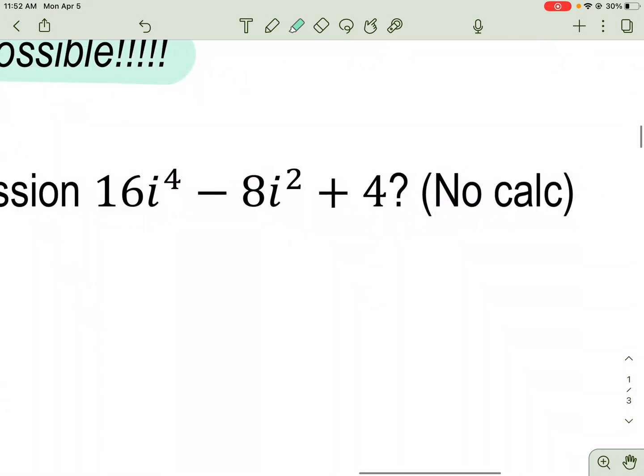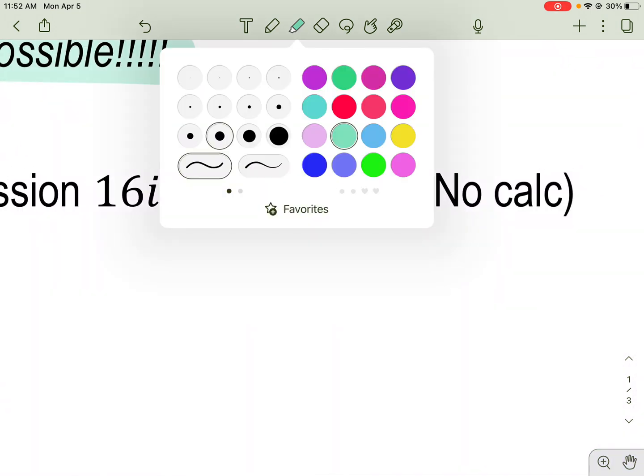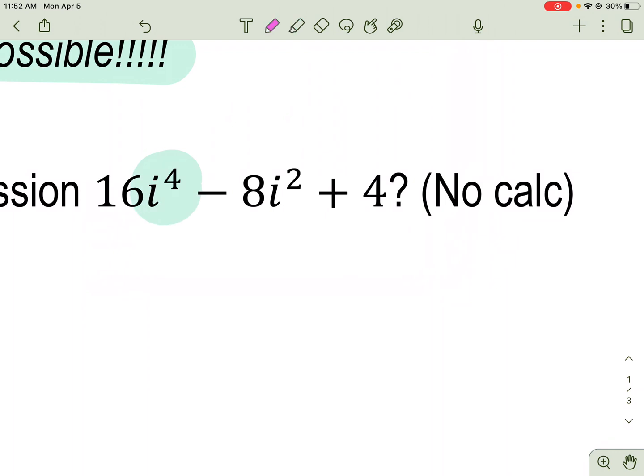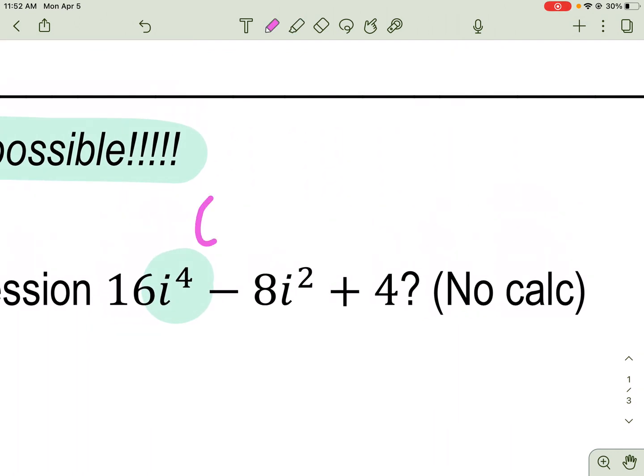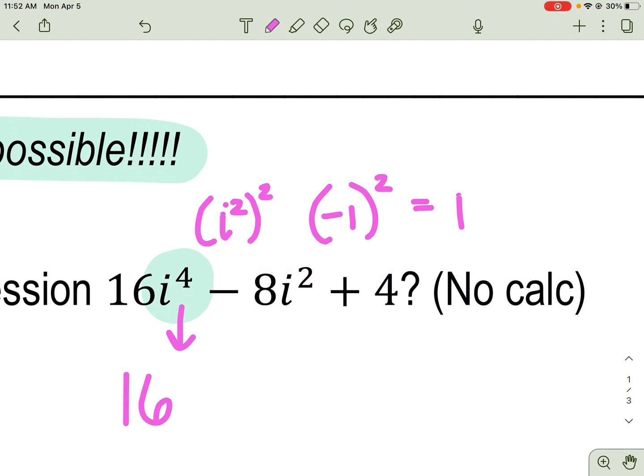Okay, so a couple things. i to the 4th, okay? i to the 4th is i squared squared, right? Well, i squared is -1, squared, which is +1. So this is just 1. 16 times 1 is 16, okay? Minus 8 times i squared.